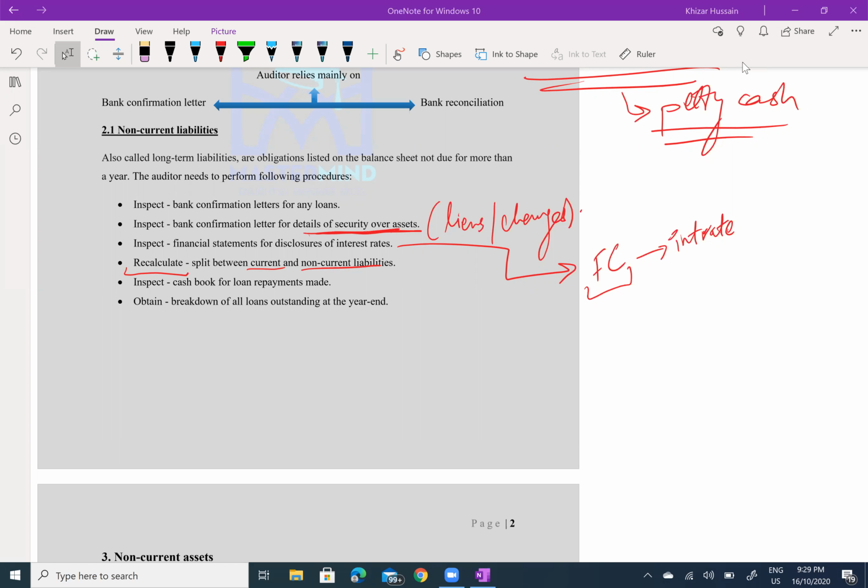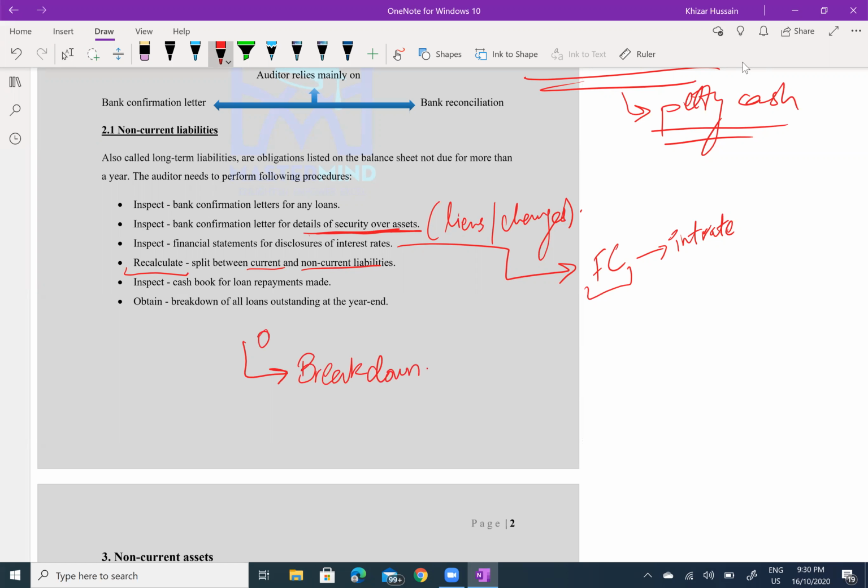The point is, when I talk about non-current liabilities, right? Remember one thing: when you have an account balance, the first thing that you always do is get the breakdown.